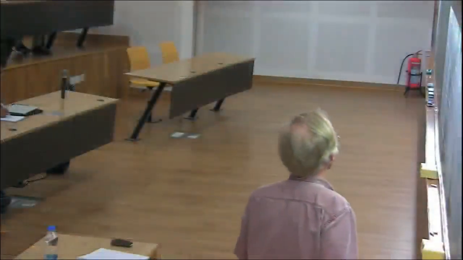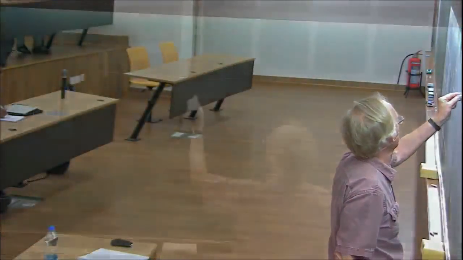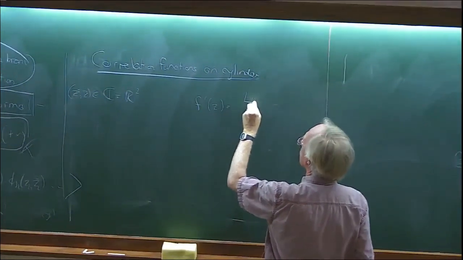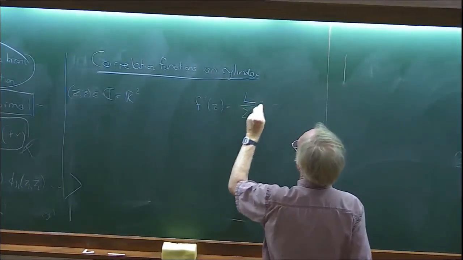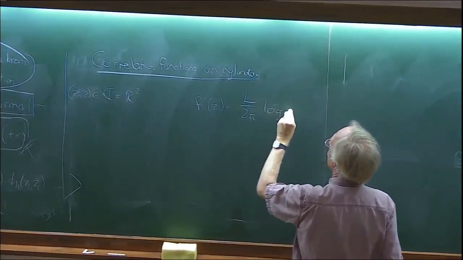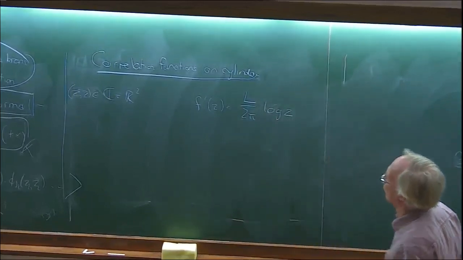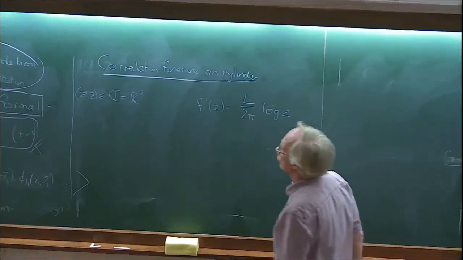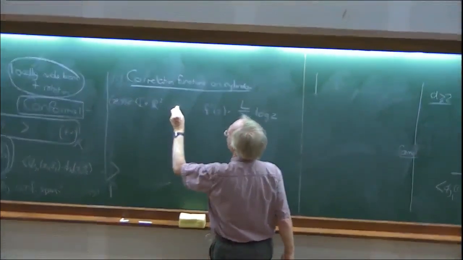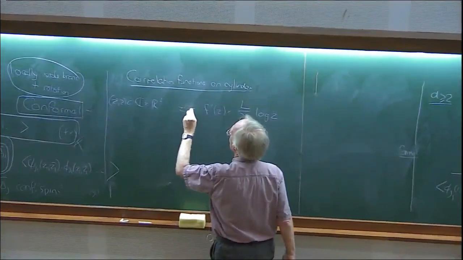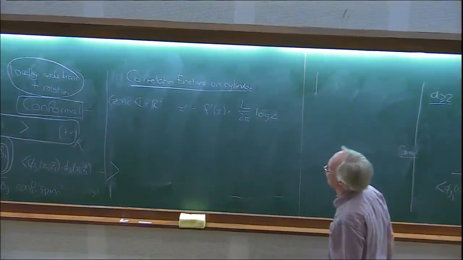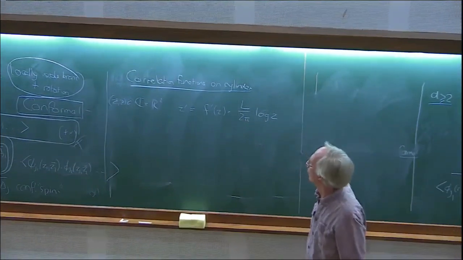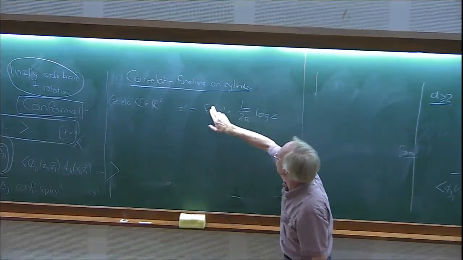I'm going to choose a particular analytic function, which is capital L over 2 pi log of z. Okay, the logarithmic transformation. So this is going to be what I'm calling z prime. Sorry, I don't know how that prime got there.